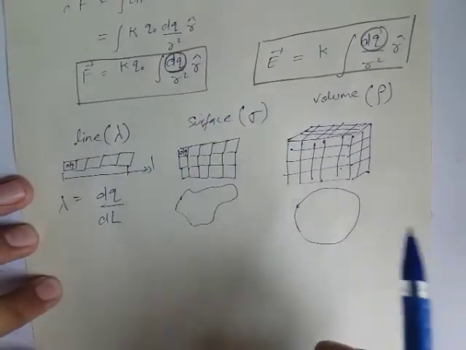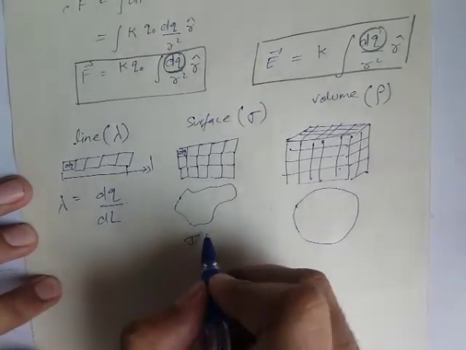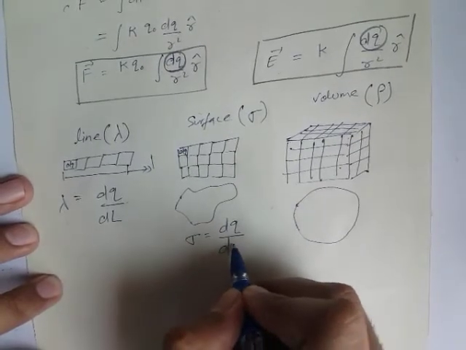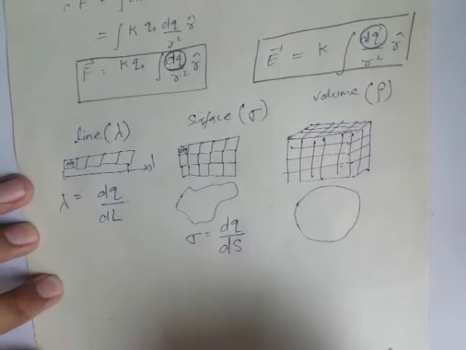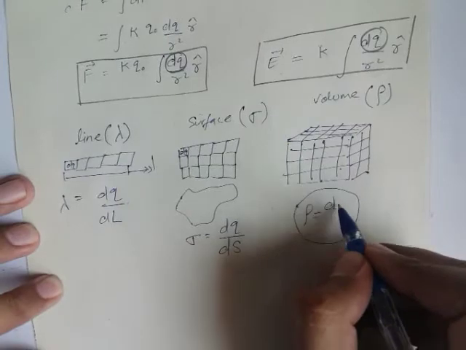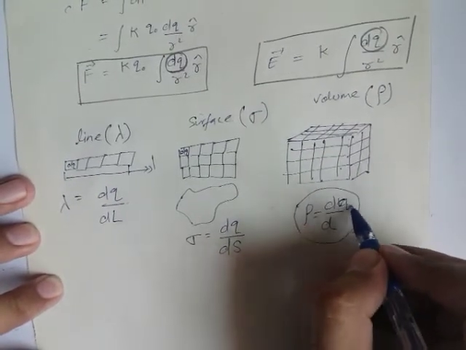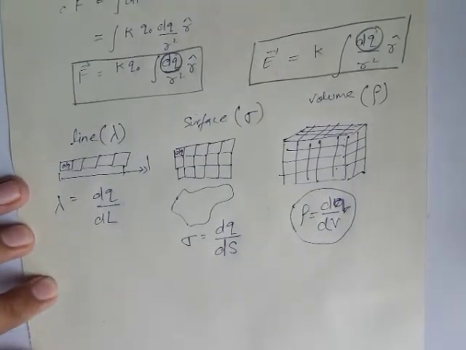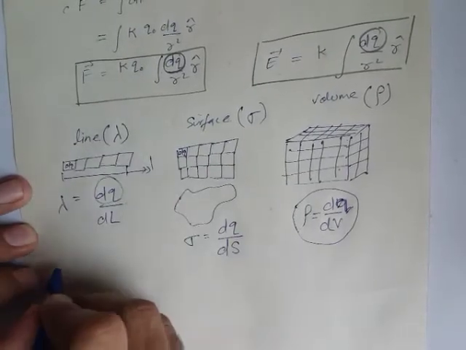Same way, instead of lambda, if we take surface charge density sigma equals dq upon dA, area, we can say area or surface, A as well as S. And for the volume, if we take rho, it equals dq upon dV. Now make dq the subject in all. What will we get?